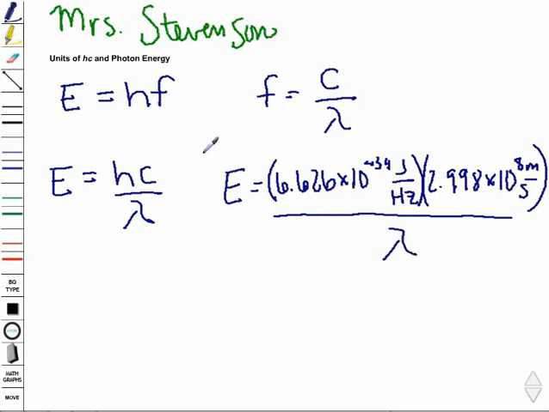However, when we're working with hc and we have Planck's constant in terms of joules, it's just not a convenient unit to use. We want to convert all of this into electron volts so that the number doesn't end up looking really, really small.